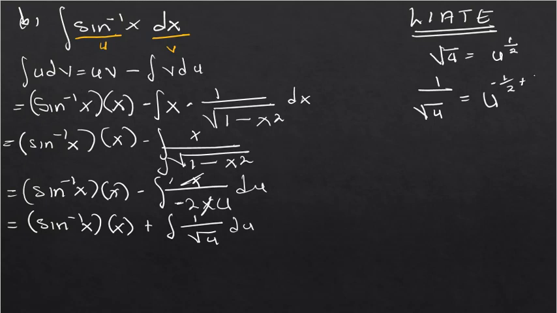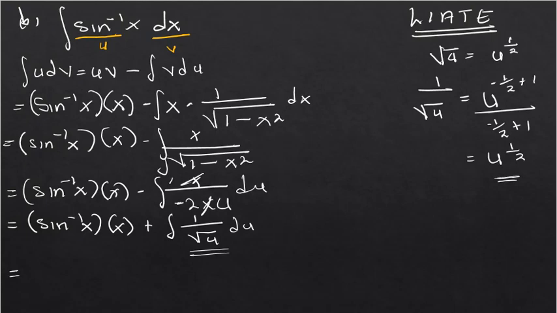So if you add 1 to the top, you still get u power 1 over 2. From here, this simply means that if we integrate this, we are going to get this.